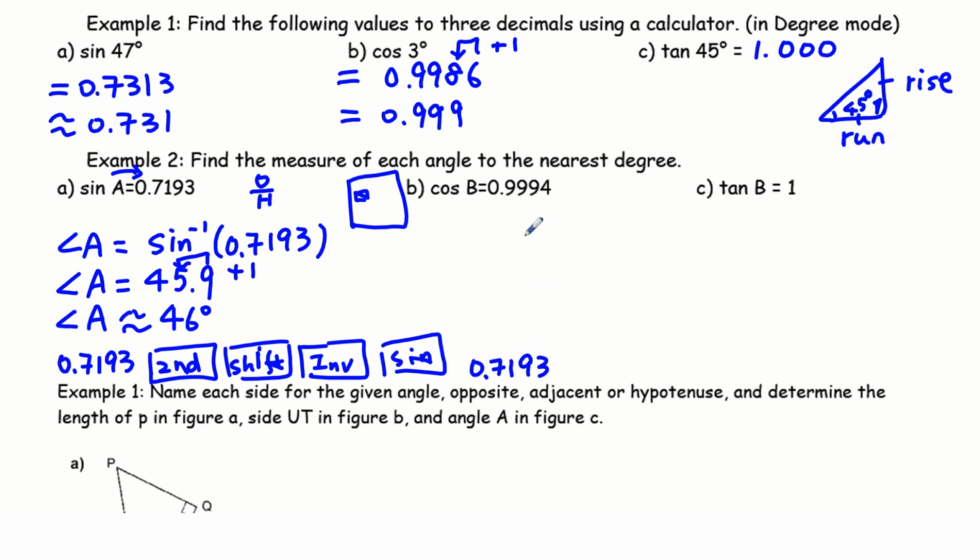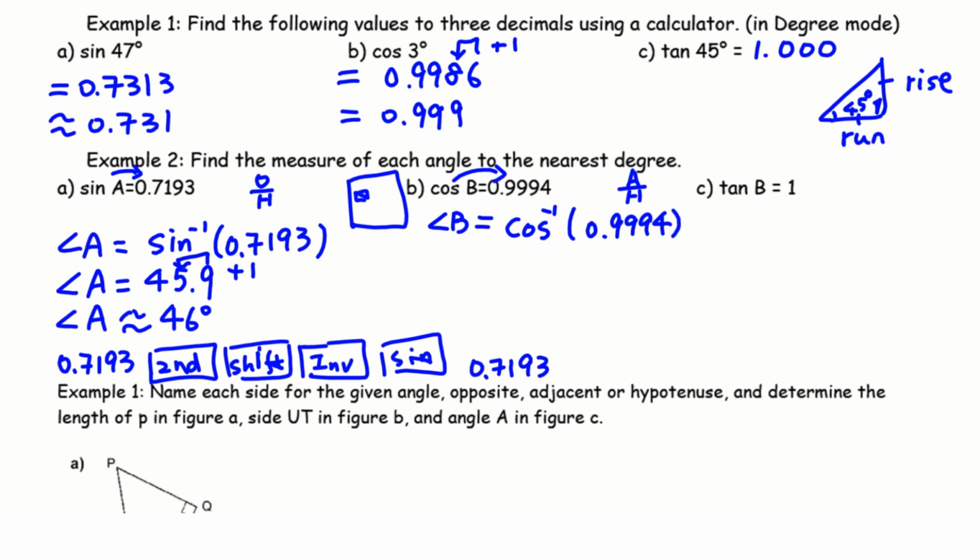Okay, so now we are going to do the next one. We want to solve for the angle. We don't want to see the cosine. Then we are going to use the second column on our trig table, but we don't use it. We use our calculator. The built-in button for this trig table is cosine inverse 0.9994.